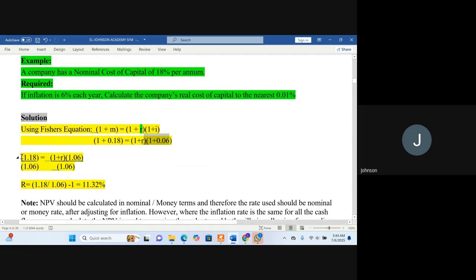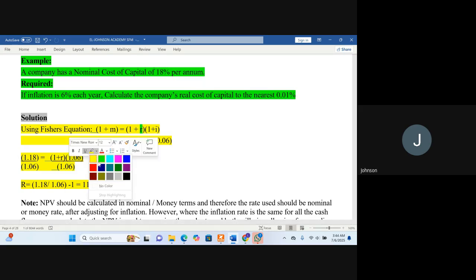So we now say 1.18 over 1.06 equals 1 plus R bracket, 1.06 over 1.06. So the 1.06 we cut themselves, this one that is here, to make R alone.